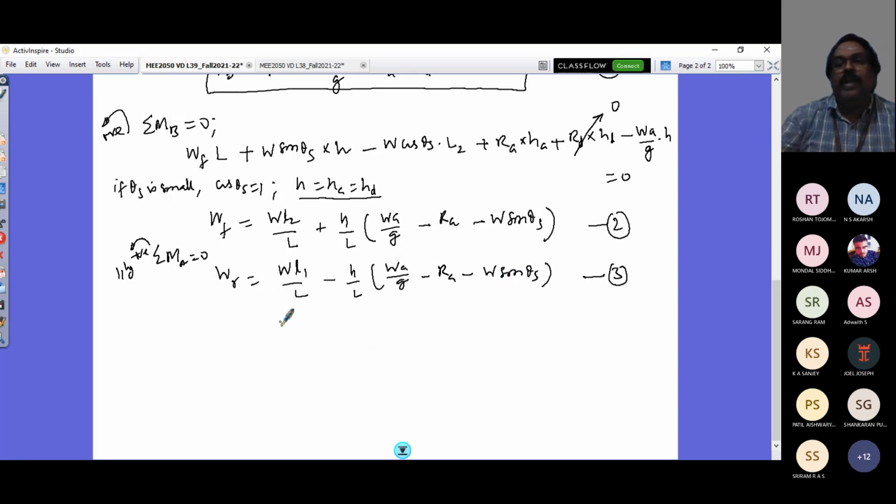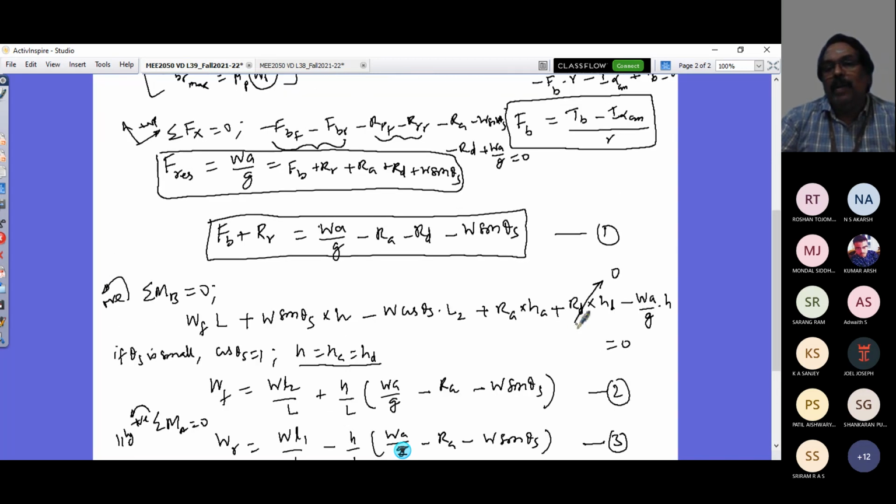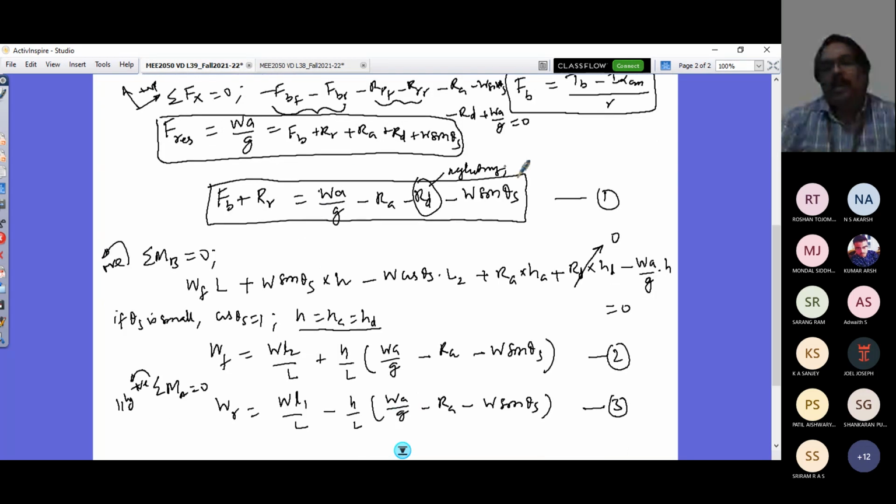Now see, from equation 1, I can replace this. The moment I neglect this, I can also neglect this term here. Neglecting that, there is no towing, there is no drawbar pull. Then I have these three terms appearing inside this bracket of equations 2 and 3, which can be replaced by FB and RR.